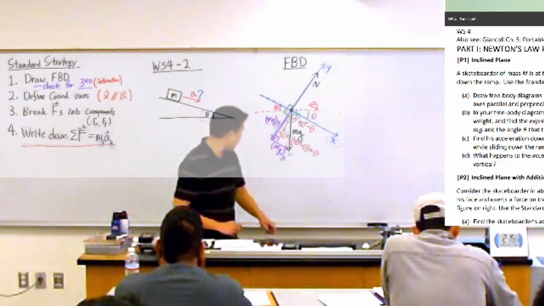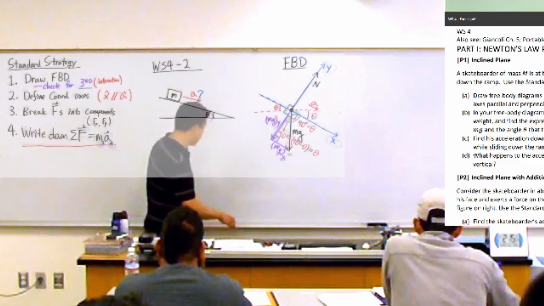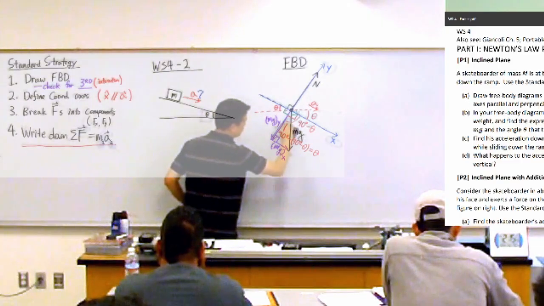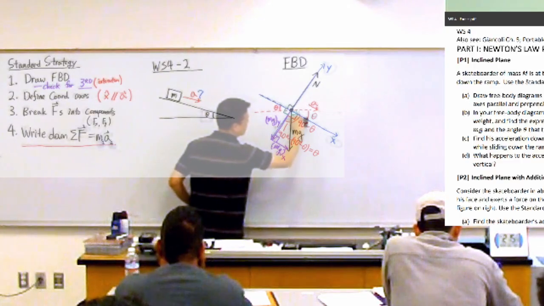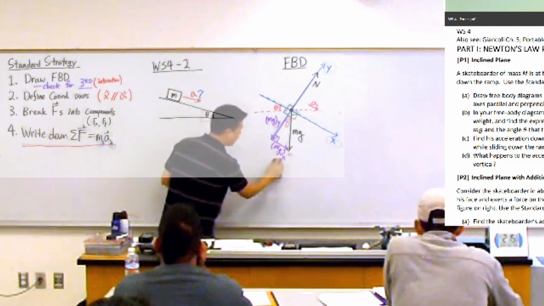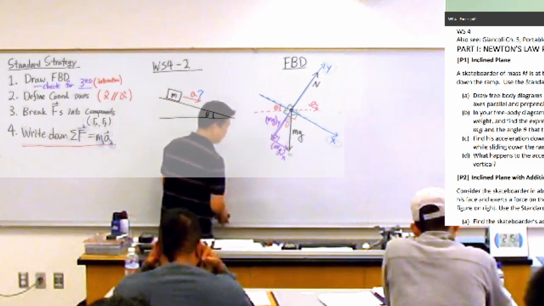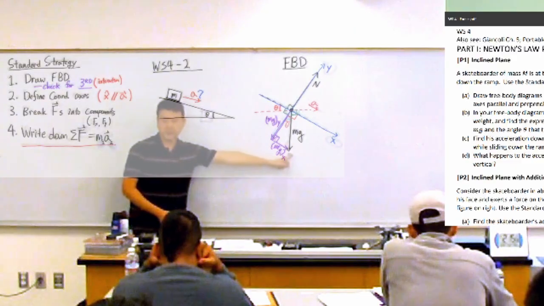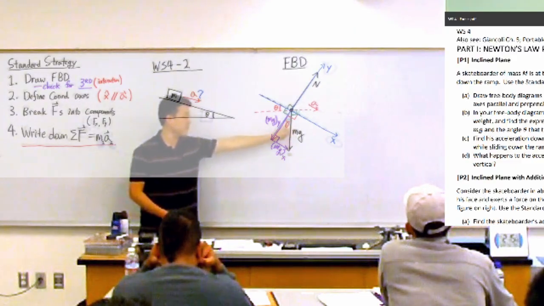So having identified this angle as theta, the rest of our job is a little bit easier. Now we can say, all right, we know the right triangle, we know which angle is theta. So now hopefully all of you will be right when I ask how is this leg expressed in terms of the hypotenuse and the angle.